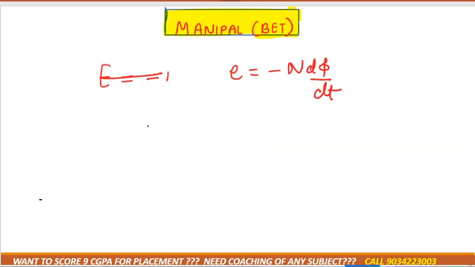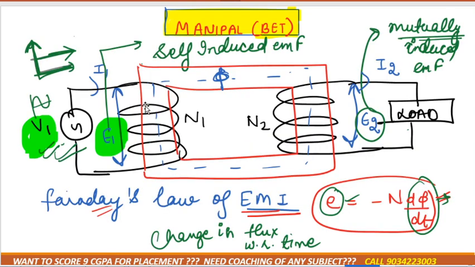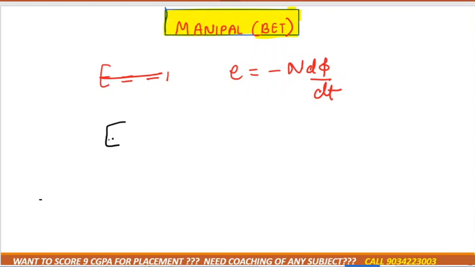Now in the next case, we should know how much EMF is induced in the primary and how much in the secondary. For that we have a particular formula, that is E1 is equal to 4.44 N1 f φm.